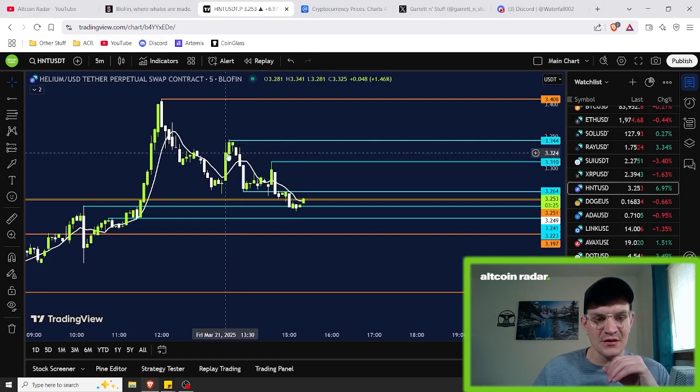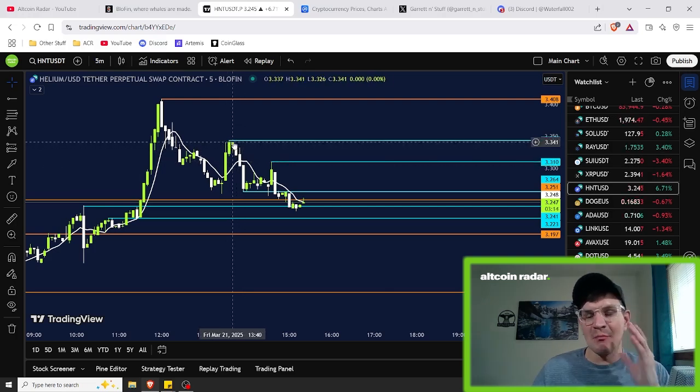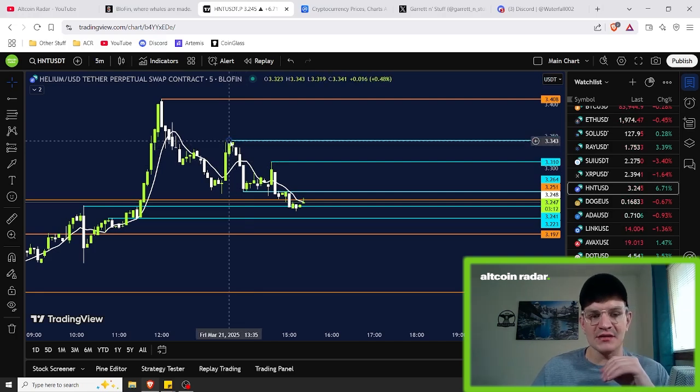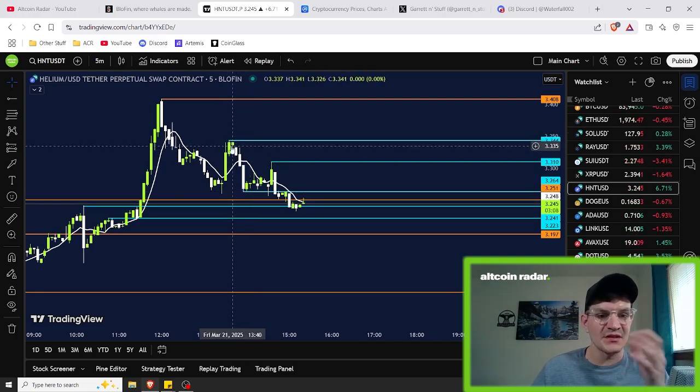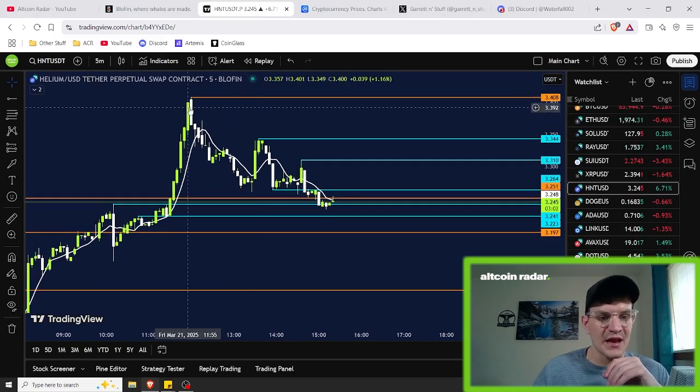For instance, right in here, you can clearly see price action went all the way up, and at this point in time, we're extremely far away from the moving average. Usually when that happens, 9 times out of 10, it means momentum is going to start getting weaker, and it's going to end up coming down at some point very, very soon. And as you can clearly see, once it deviated super far away, it ended up coming all the way back down. And the same thing happened right up in here.